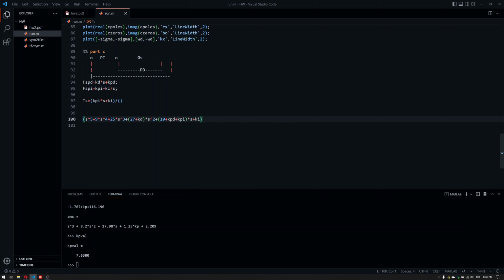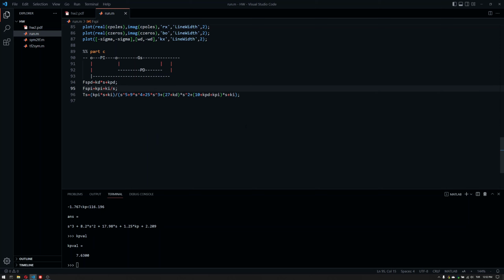That would be basically your denominator. So if you use the PI-PD controller, you will get this closed loop transfer function.